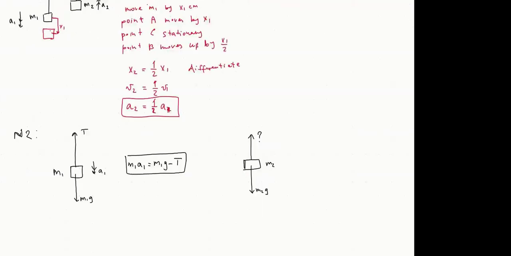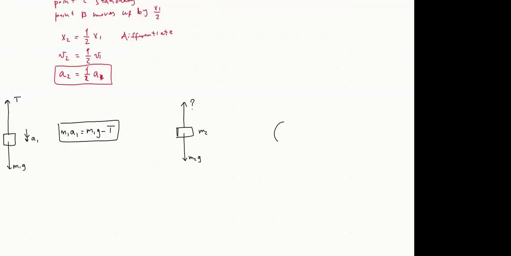So let's look at the movable pulley. We have two ropes attached at either end, and we know that the tension in this string, the downwards pull, is T.